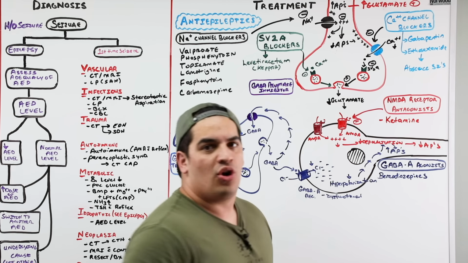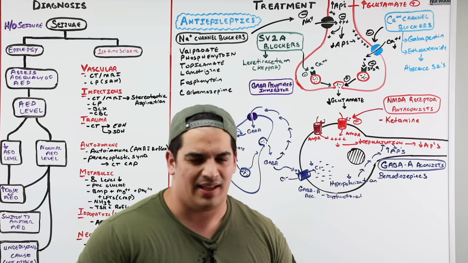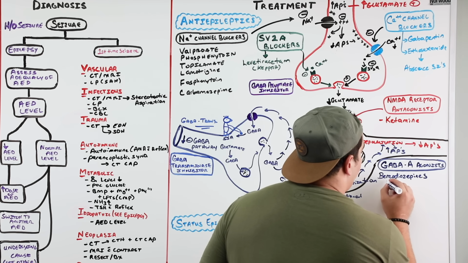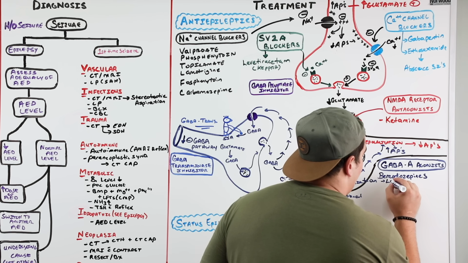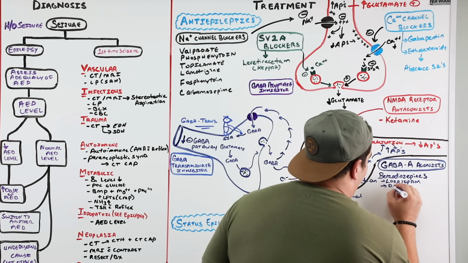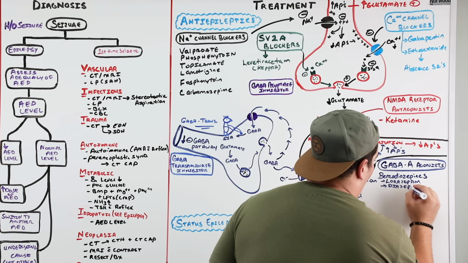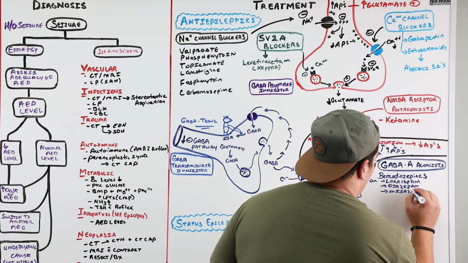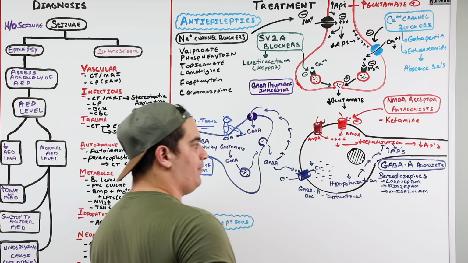Okay? So what are some of these benzodiazepines? I'm not going to list them all because there's so many. We'll have to have a separate lecture on just those. But I want you to remember lorazepam as a very, very important one. Diazepam is another important one. And finally, midazolam. These are very important drugs, okay?